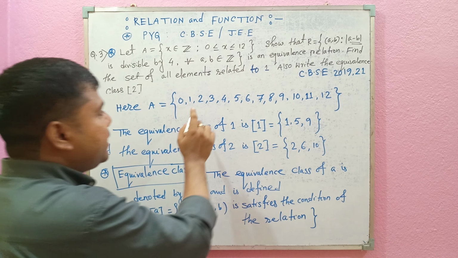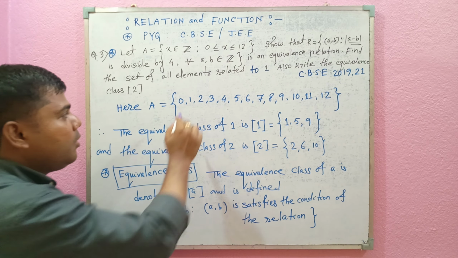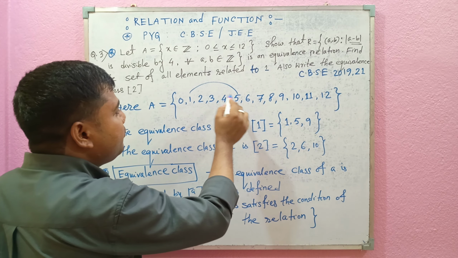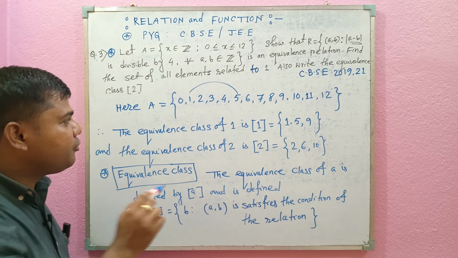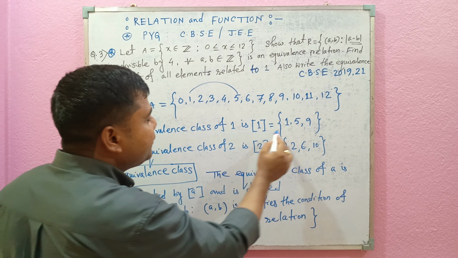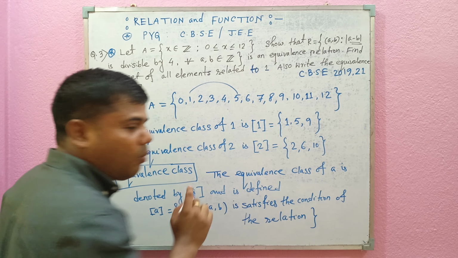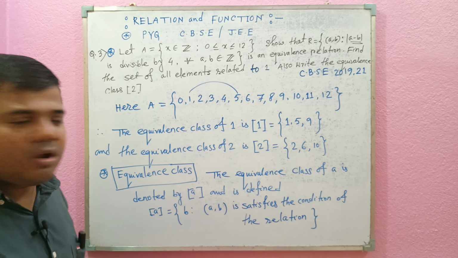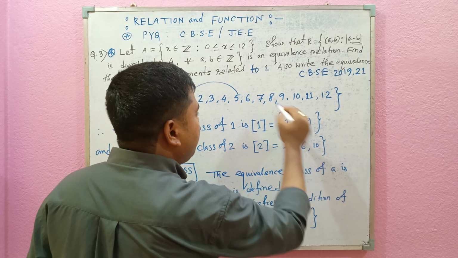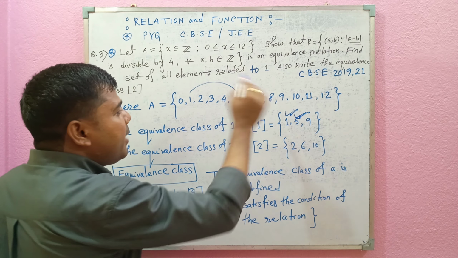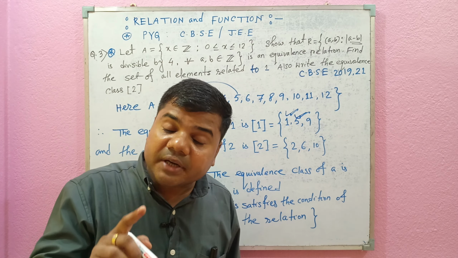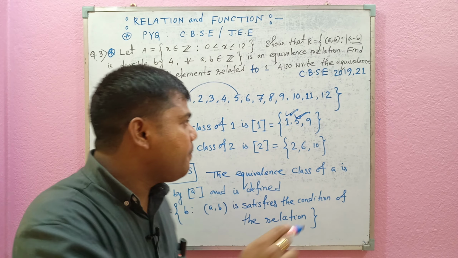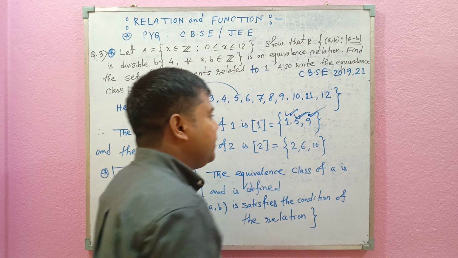If we check the set A, then we have 1 and 5, that is, 5 minus 1 is equal to 4, which is divisible by 4. So the equivalence class of 1 includes 1. 1 minus 1 is 0, 0 is divisible by 4, so 1. Then 5. And 1 minus 9, modulus 1 minus 9 is equal to 8, and 8 is divisible by 4, so we have 9.